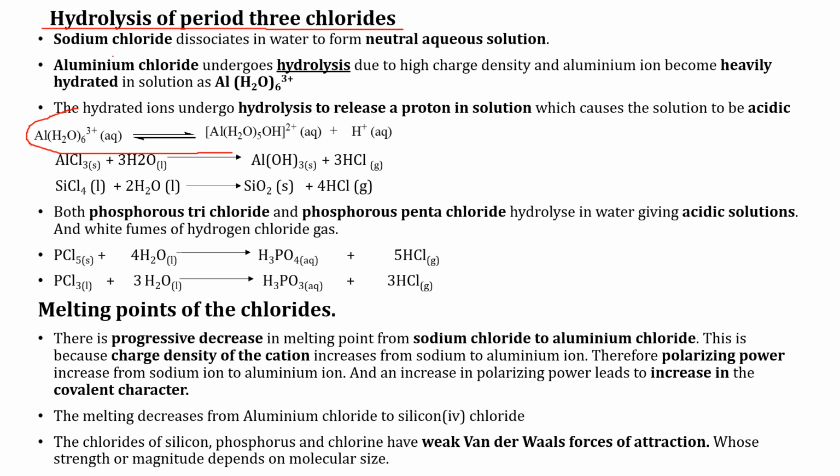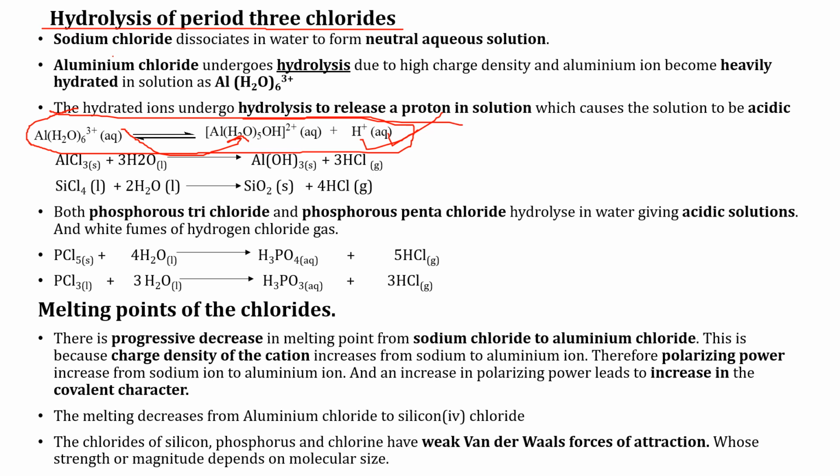The polarizing power caused by the high charge density will bring about this equation. So part of the water molecules are going to be polarized to release a proton in solution. This proton being released is the one responsible for making the solution in which aluminium chloride is acidic, and we call that salt hydrolysis.